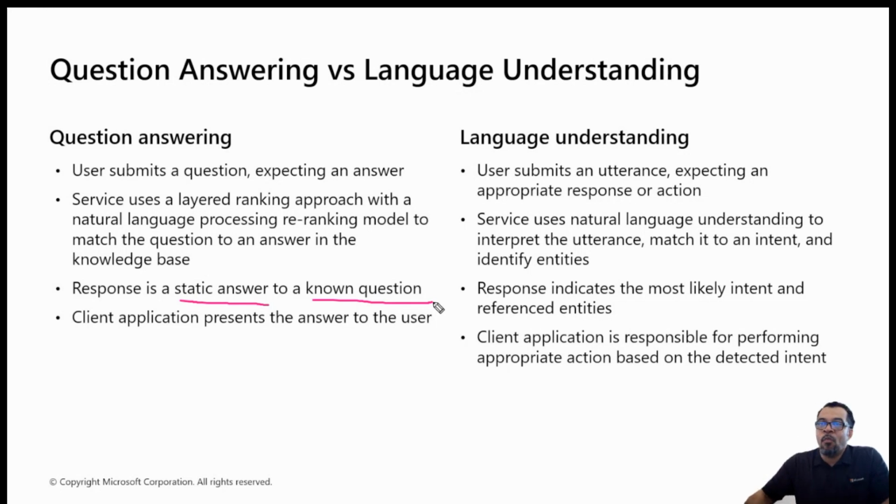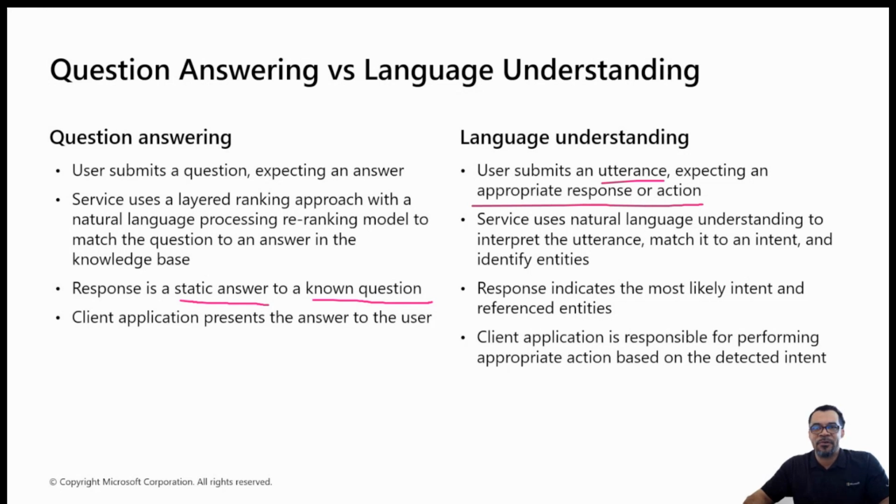Once the user submits the request, the application will present the answer. So there has to be some sort of front end that you're going to use for the answer. That's question answering. It's very static, with very common questions that you get. With language understanding, the user submits an utterance expecting a response or an action.